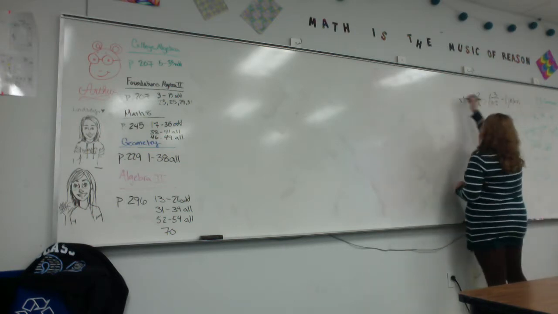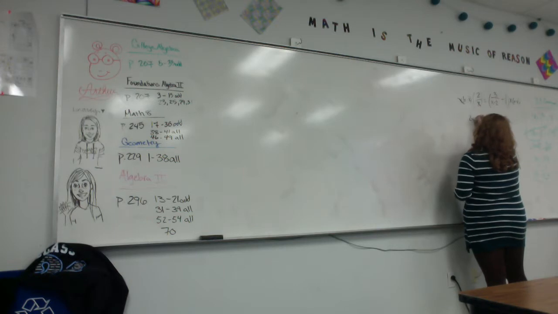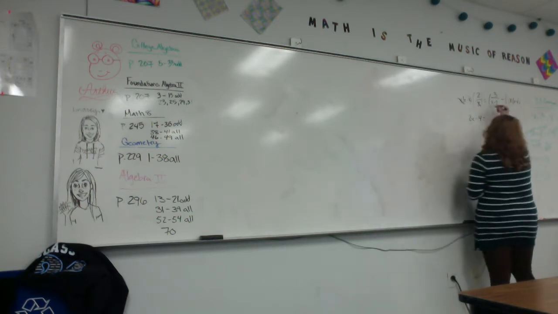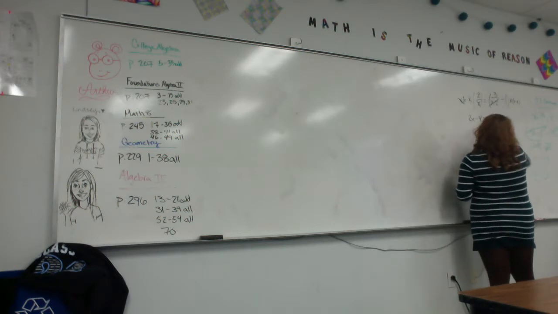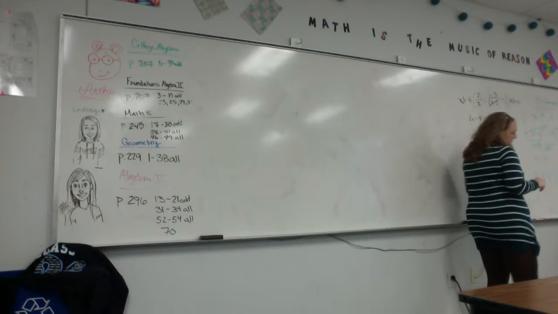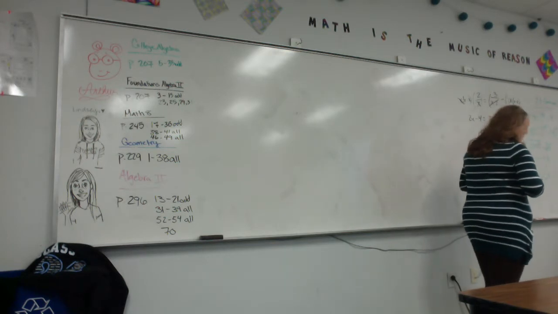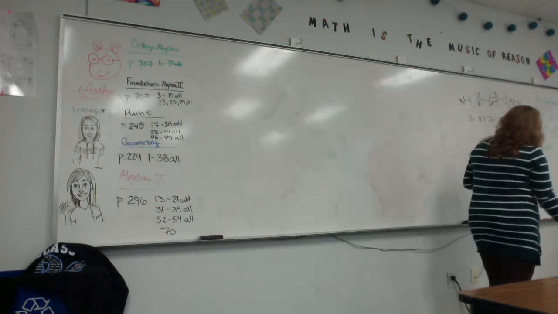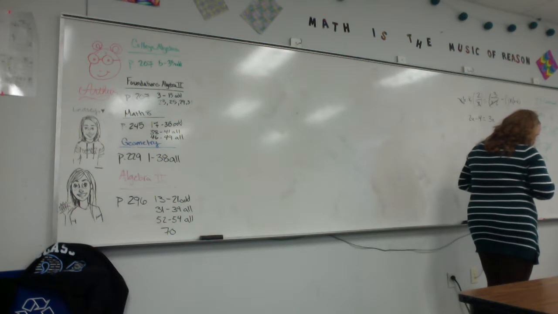Over here, the x's cancel, so I get 2x minus 4 when you distribute. On this one, the x minus 2 cancels, giving me 3x. And over here, I have a negative 1, so I'm just going to get negative x times x minus 2.